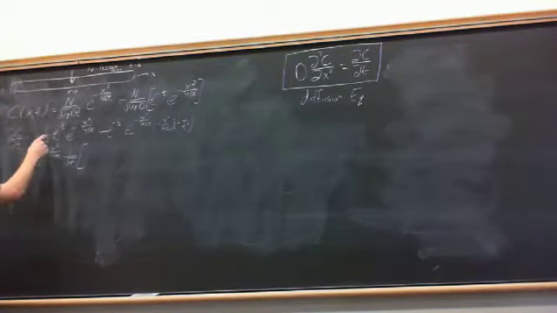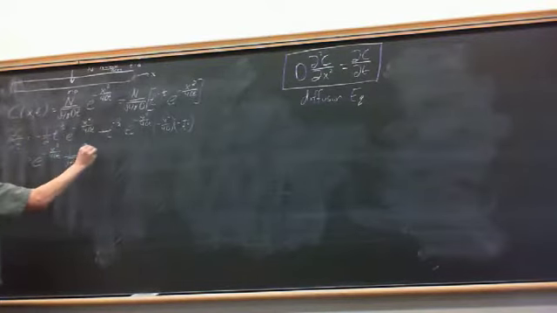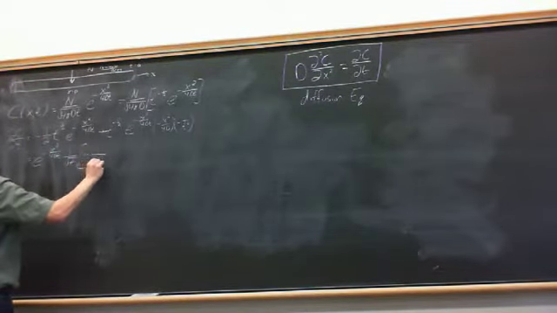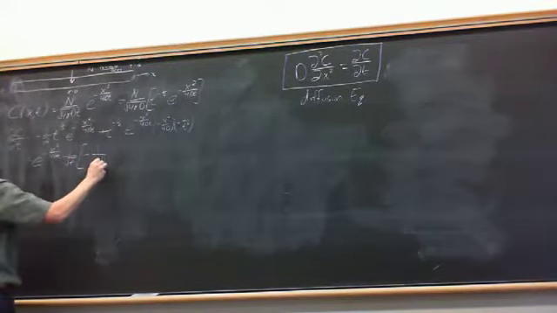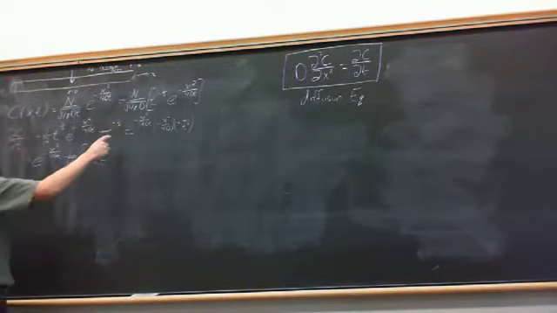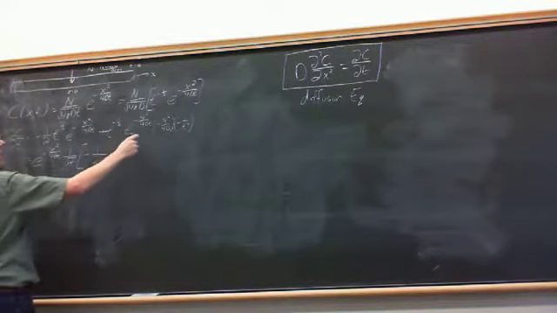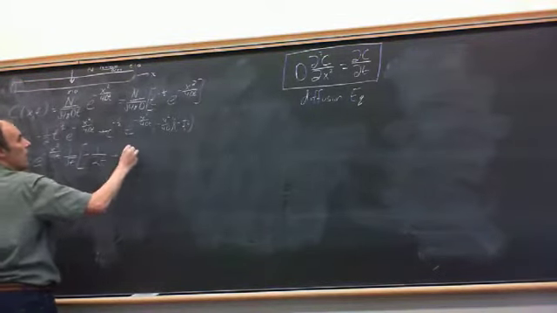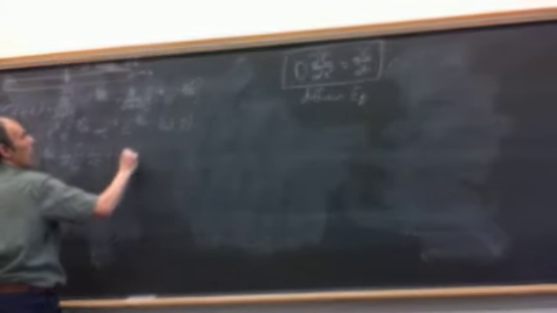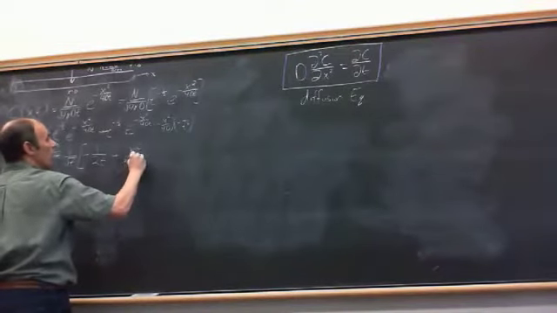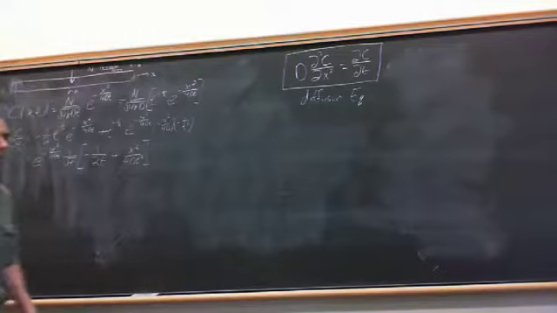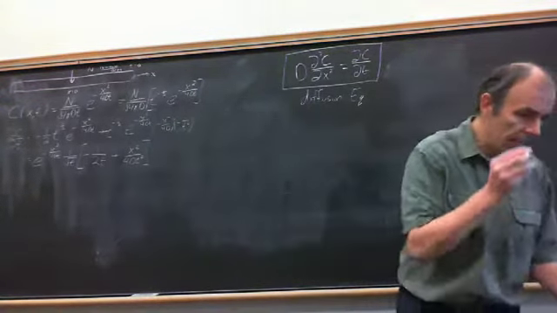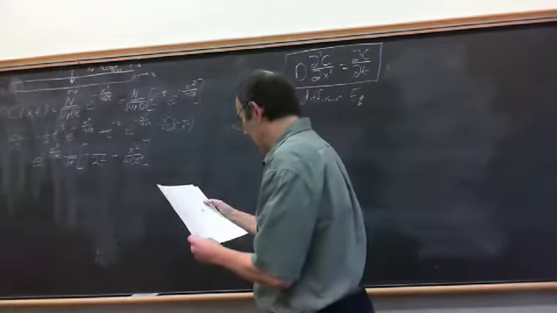Well, this term is going to give us a minus 1 over 2t, if you took out the square root to the minus a half. This term is going to give us a minus and a minus, or a plus, x squared over 4Dt squared. So we get that somewhat complicated thing, but not too bad.